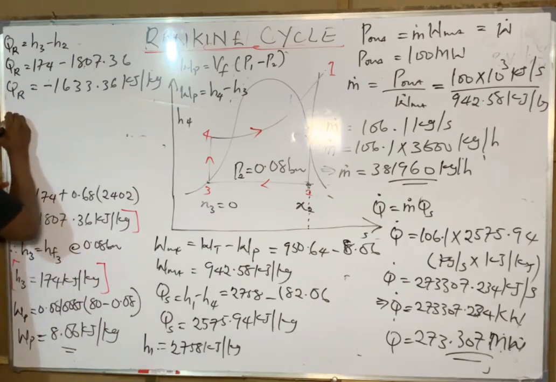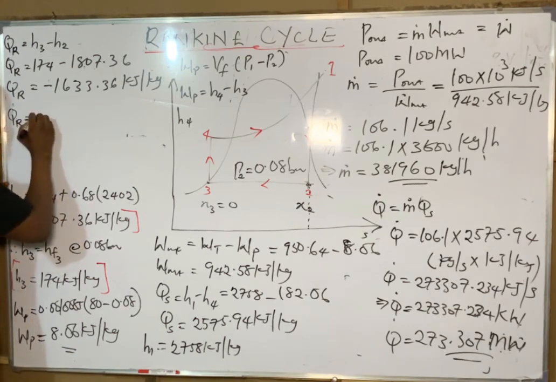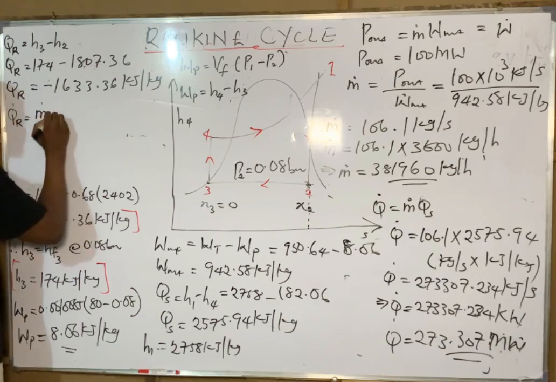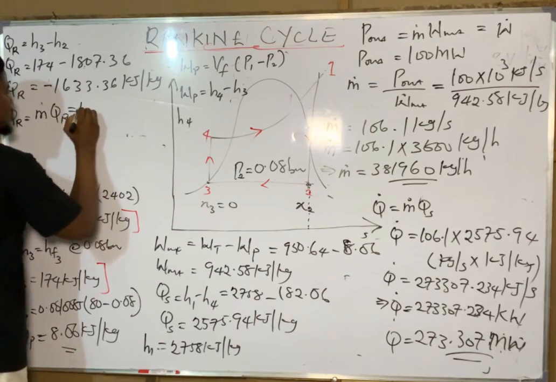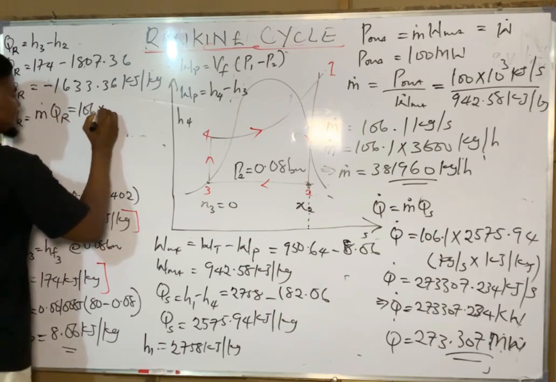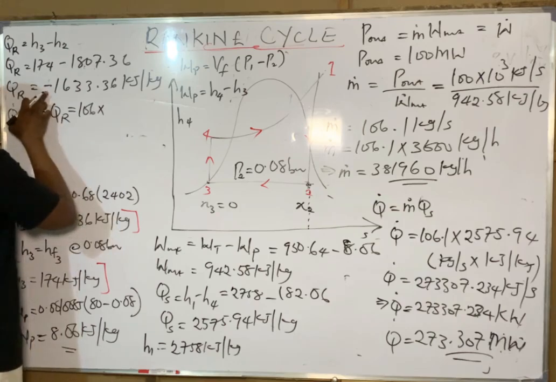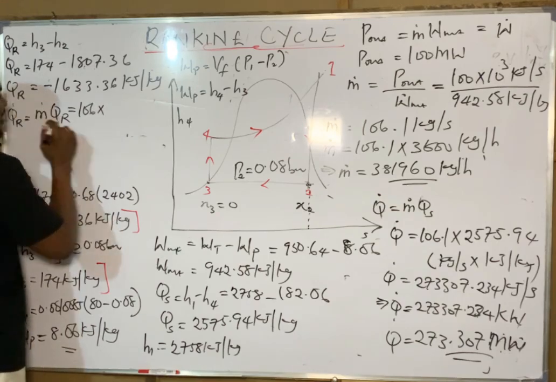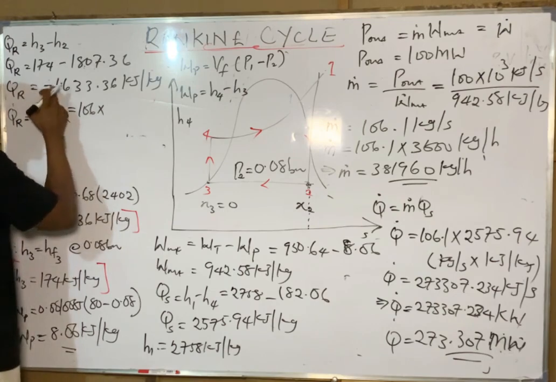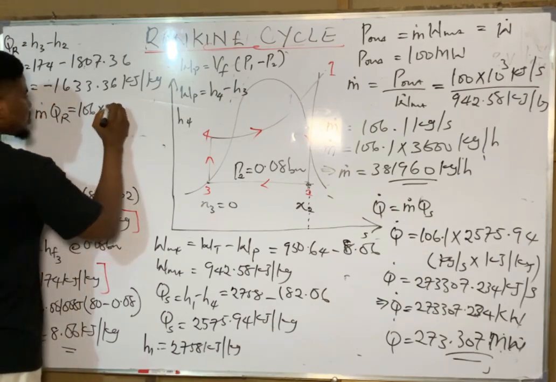The heat rejection rate becomes the mass flow rate multiplied by the heat rejected, and the mass flow rate gave us 106.1. You can choose to neglect the negative sign now, or you can still work with it. It doesn't really matter, but the negative sign just shows heat rejection.